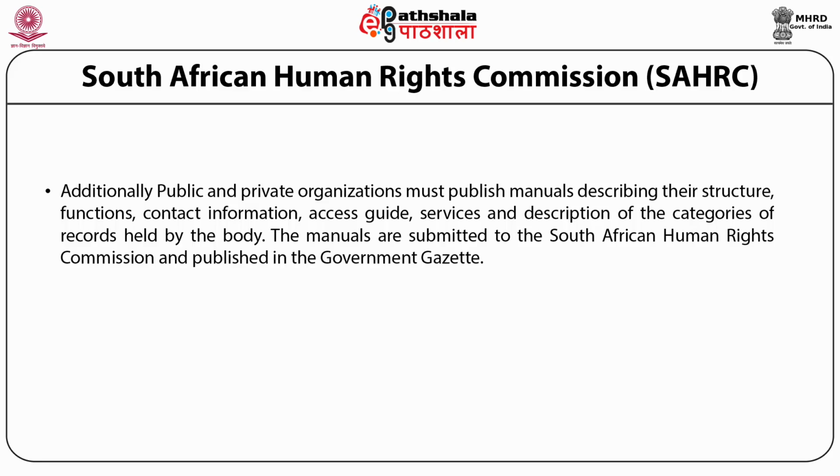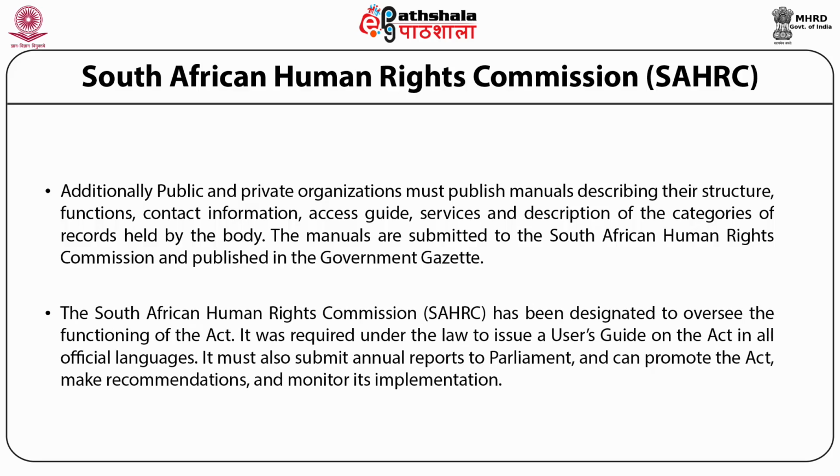The manuals are submitted to the South African Human Rights Commission and published in the official gazette of the government. The Commission oversees the functioning of the Information Act and is required under the law to even issue a user's guide in all of the official languages of South Africa, such as Swahili, English and Afrikaans. It must also submit annual reports to Parliament and can promote the Act, make recommendations and monitor its implementation.